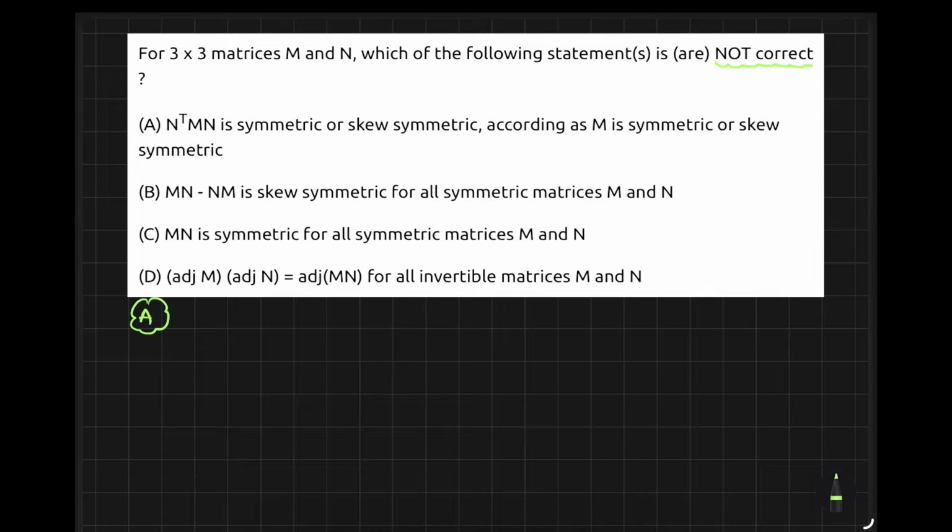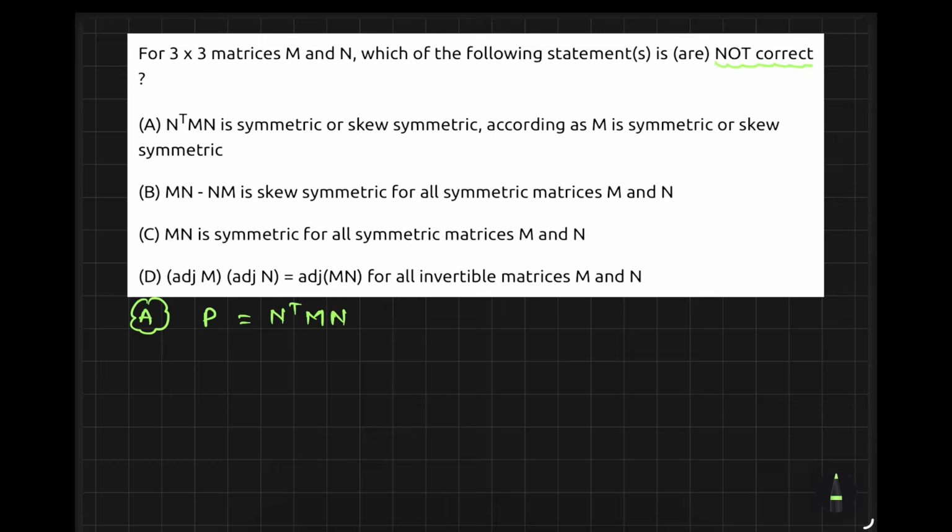They are saying that N transpose M N is symmetric or skew symmetric. So this will be either symmetric or skew symmetric according as M is symmetric or skew symmetric. So the dependency of this matrix to be symmetric or skew symmetric depends upon M. First we will check.